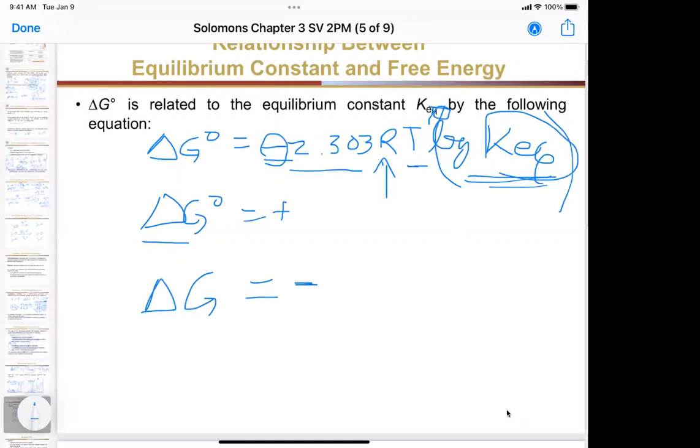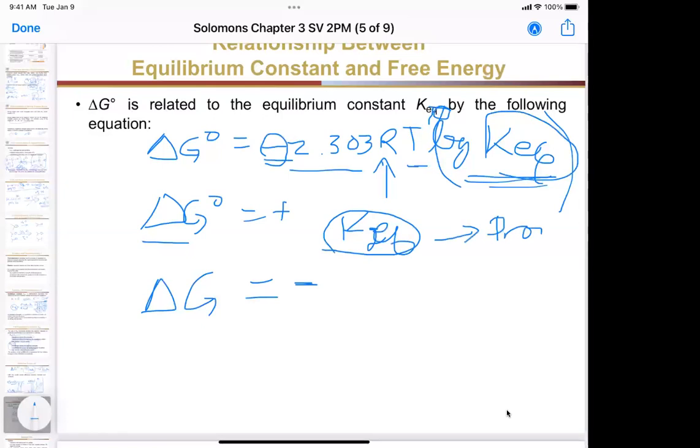Okay, so what does that mean? That means that if your Keq is going to give you a negative delta G, it wants to go to products because energy is released.